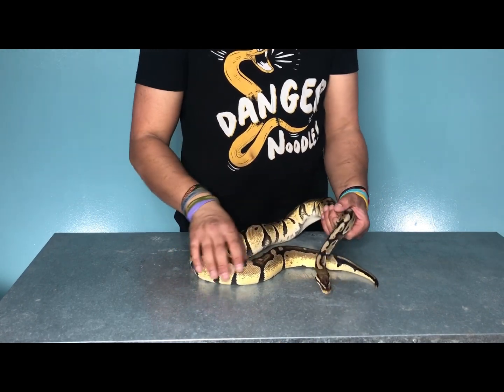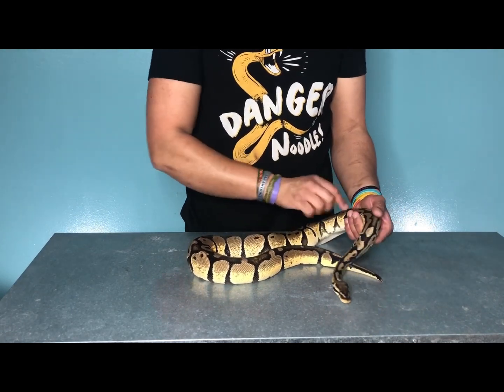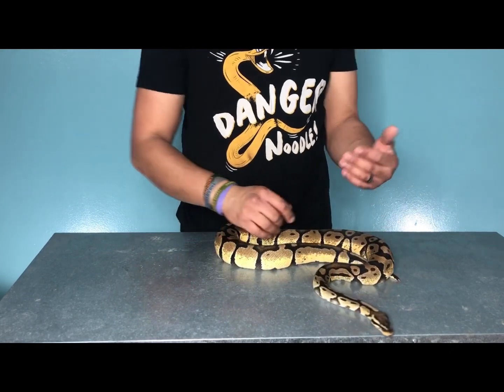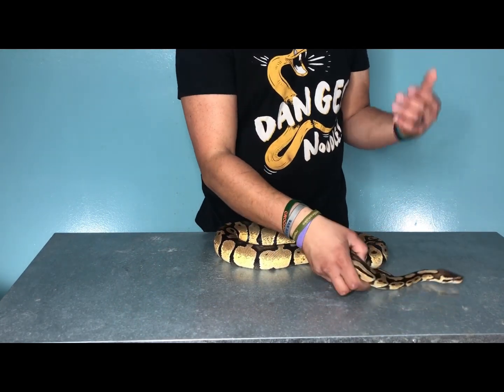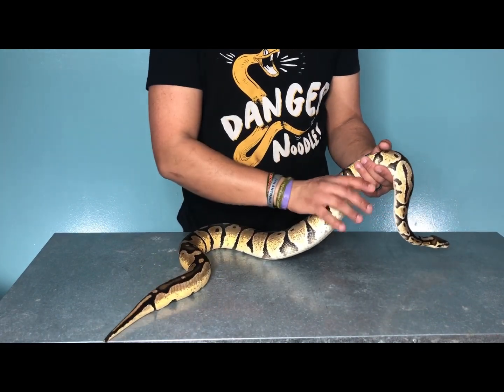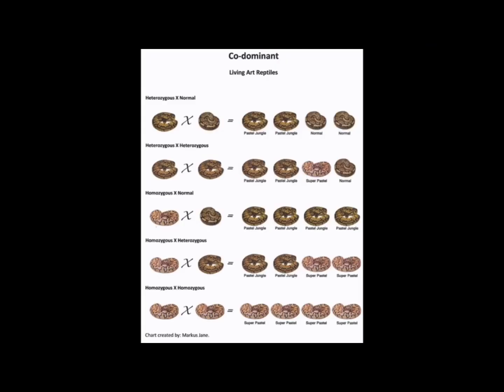So she has the genotype of pastel that is visibly shown in the phenotype, which is the outward appearance of the pastel. We call them codominants, basically, which means that they can have half the babies. If you pair this animal to a normal, half will be the normal wild type, and half will be this pastel type. That's why we call them codominants, because it's kind of half and half, and then they can actually stack on top of each other with other genes too.